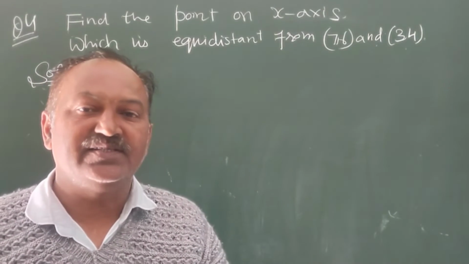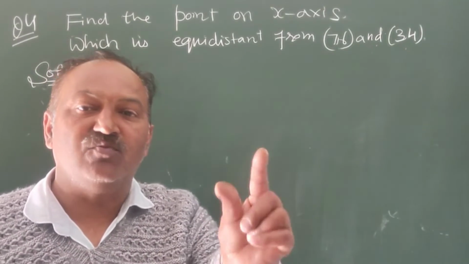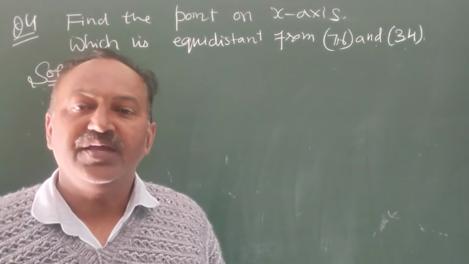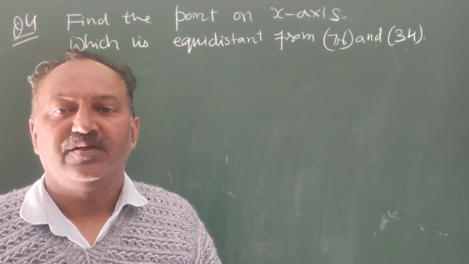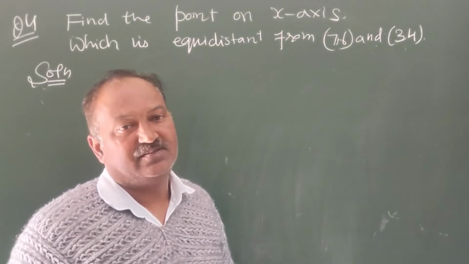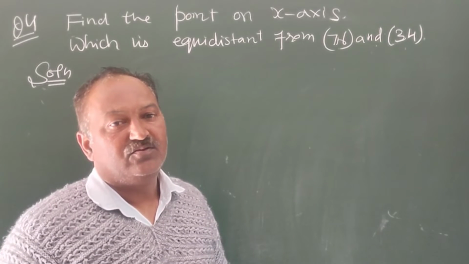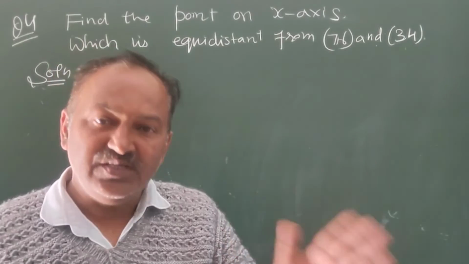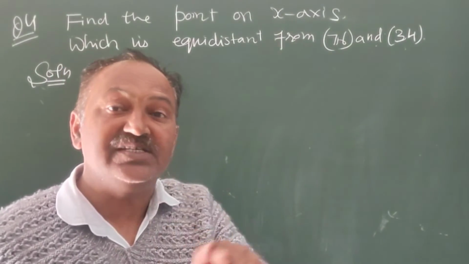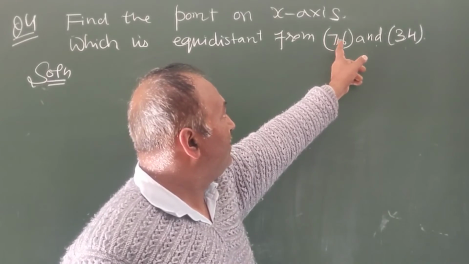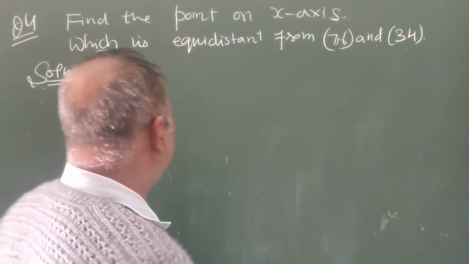Any point on the x-axis is of the type (x, 0). So first of all, let us assume that (x, 0) is the point on the x-axis which is equidistant from (7, 6) and (3, 4).